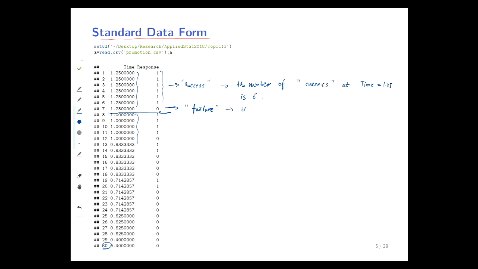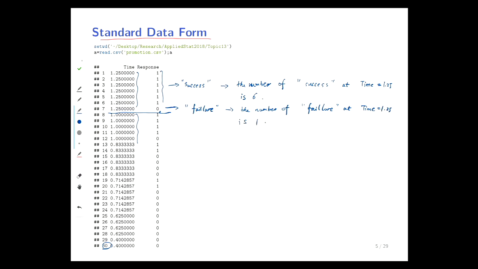And also we can compute the number of failures at time equals 1.25, which is 1.